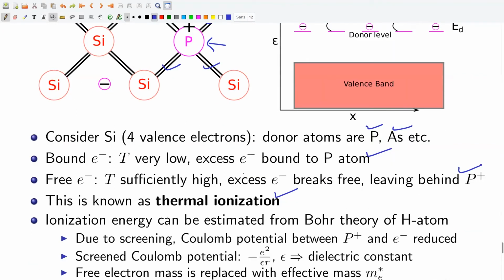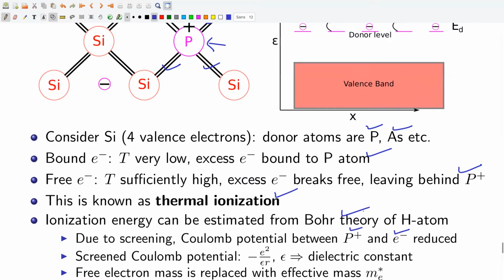Let us now try to estimate the ionization energy using the Bohr theory of the hydrogen atom. The Coulomb potential between P plus and the electron is not the bare Coulomb potential.